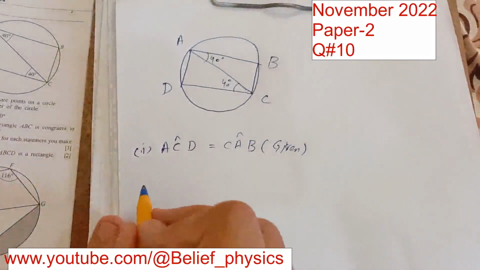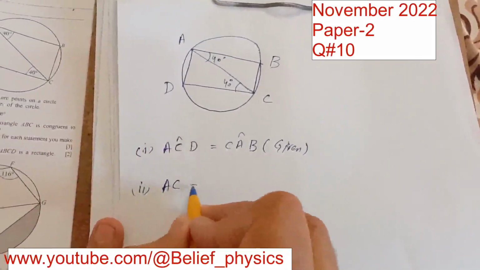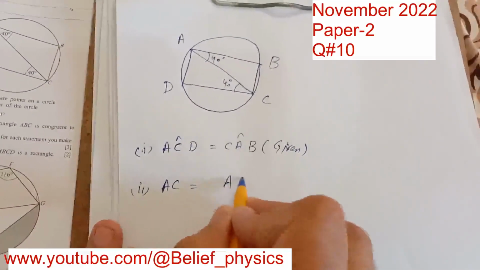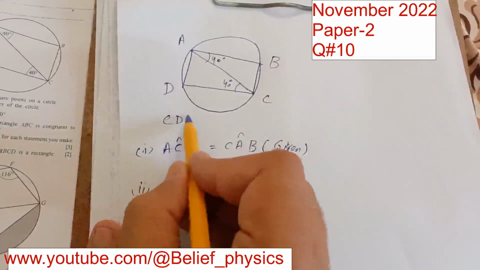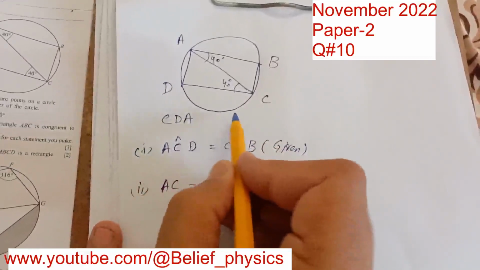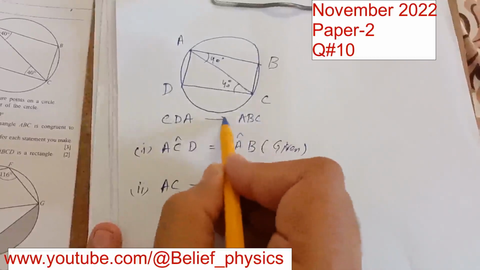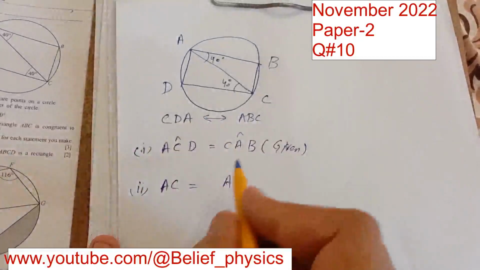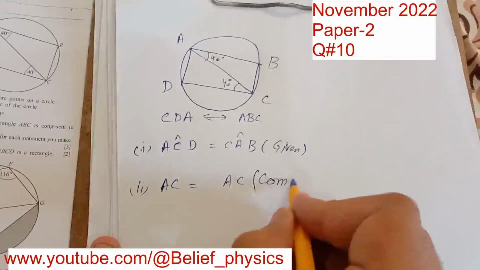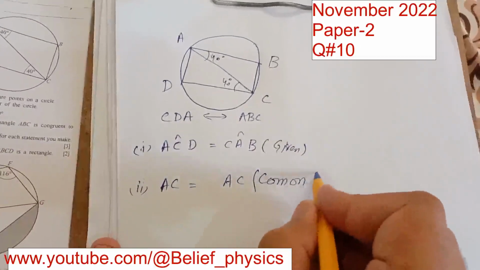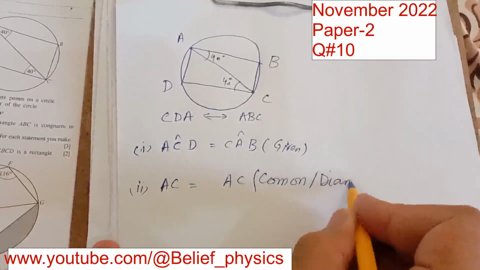Also AC is equal to AC, if this is the triangle CDA and this is the triangle ABC. We have to compare these two triangles. And why is this equal? Because this is a common side, or this is the diameter of the same circle, so these are equal.